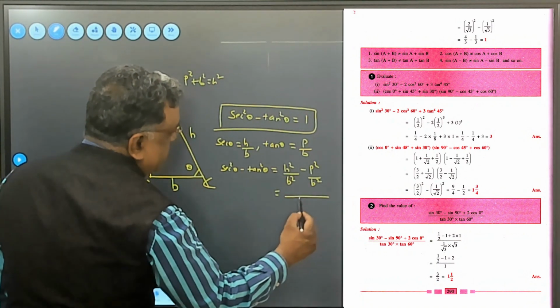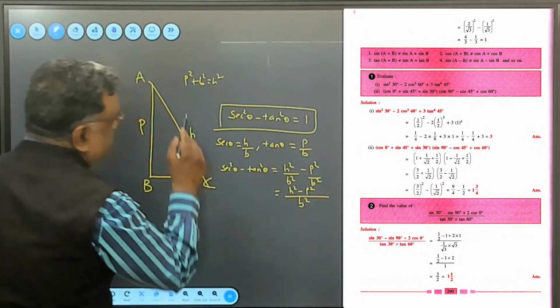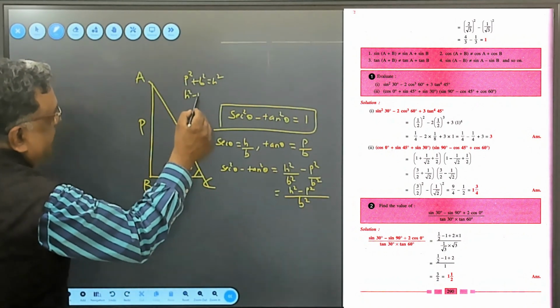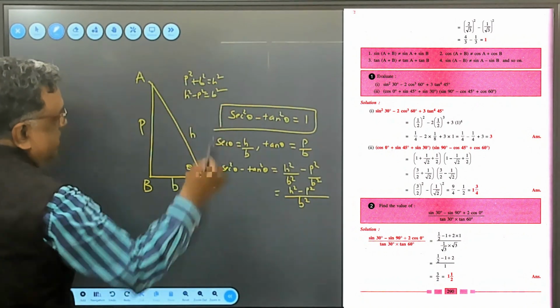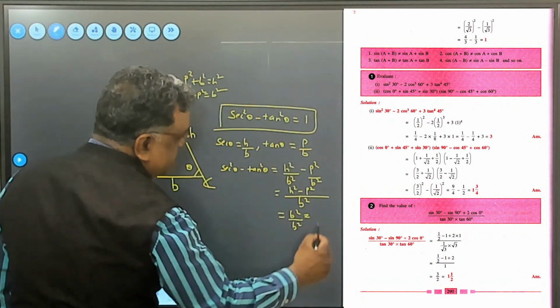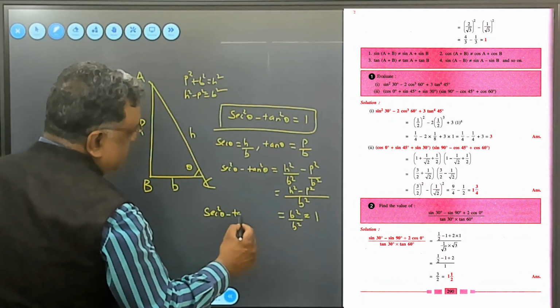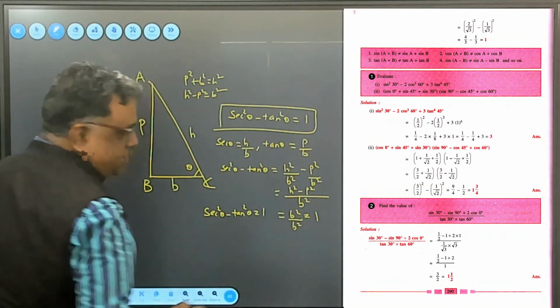So b square in denominator is common, h square minus p square. So by Pythagoras theorem, h square minus p square is b square. So I can write h square minus p square as b square upon b square is 1. That's why sec square theta minus tan square theta is always 1.